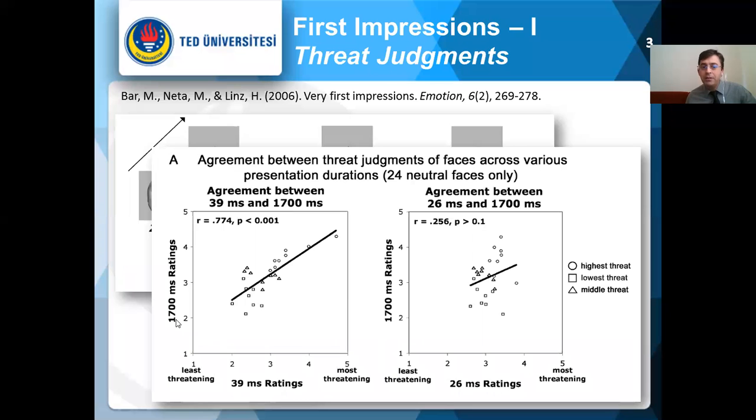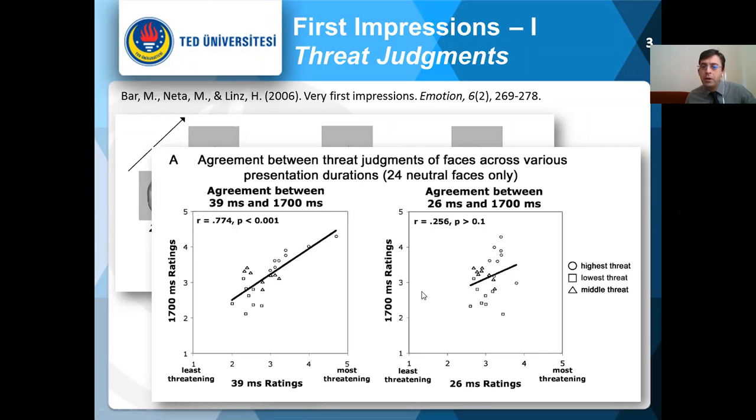Very short duration, very long duration. On the right panel, you observe the correlation between 26 millisecond ratings and 1.7 second ratings, even a very short duration of exposure versus very long.